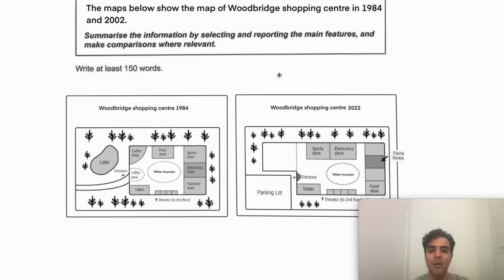So starting from the southwestern corner, if we look at the four directions, we can see that there used to be a road from the western end leading up to the entrance, but now a parking lot has been built in its place. Then the entrance remains in the same location. There used to be a lake. This lake has now been removed, and the size of the shopping center has been expanded.